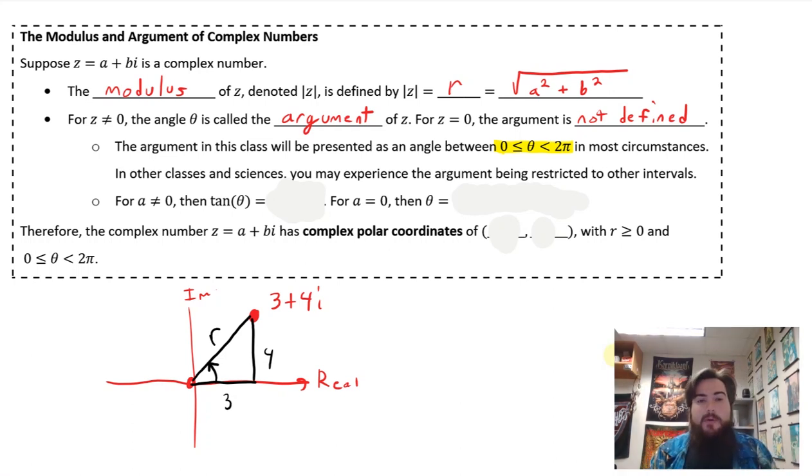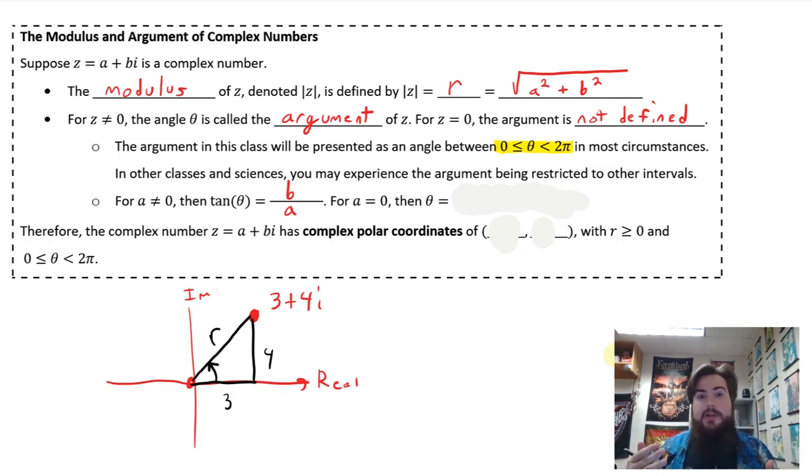If we do want to calculate that angle measure, though, again, it's not going to be any different from what we did with polar in the past. As long as a does not equal 0, so as long as the real component is not equal to 0, then we can say tangent of our argument is equal to the ratio of b over a.